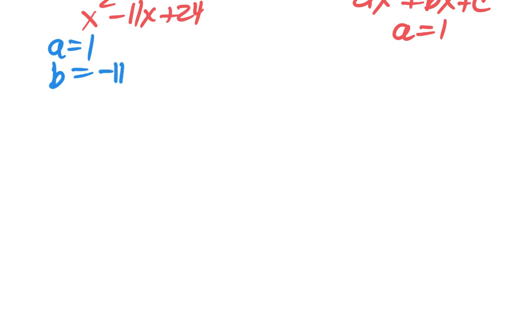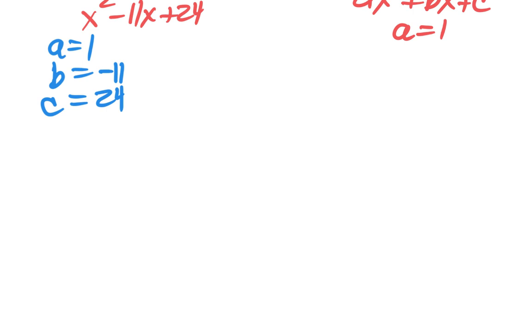So that tells us that I'm going to have two negative answers or factors. And then we know that C is a plus 24. Now this always has to be plus if we are, well, actually it doesn't always have to. I take that back. Okay, so this is positive 24.